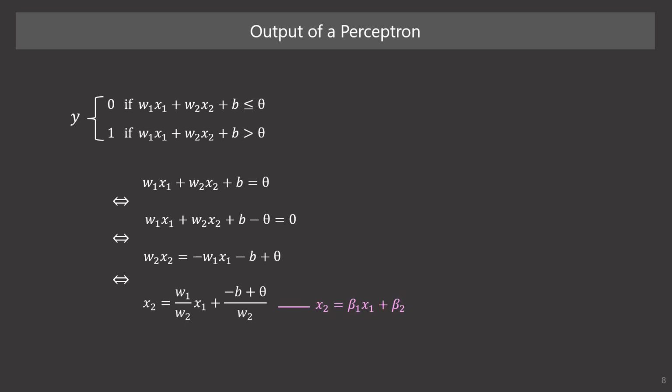By transforming the formula, we can see a perceptron represents an equation of a straight line. It is the same form as y equals ax plus b. That is, a perceptron expresses a linear function.